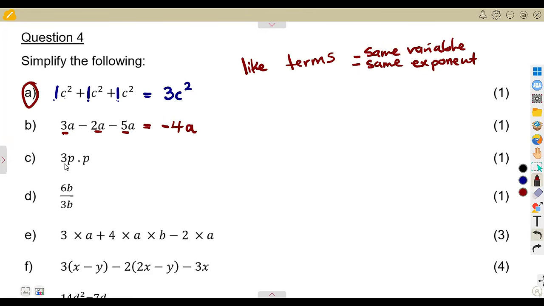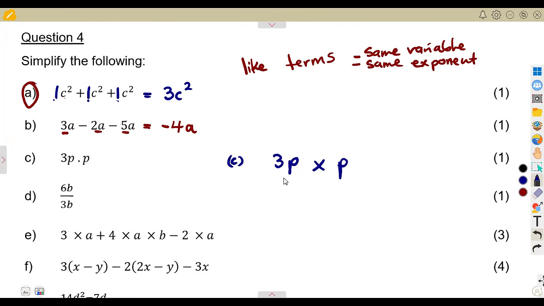All right, number c. We are given again to simplify, that is 3p, but this time it's a product. We are multiplying 3p times p. So this here is the same as 3p times p, like this. This is what it means.